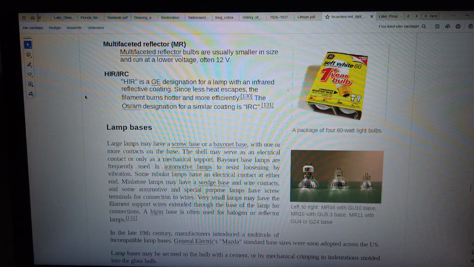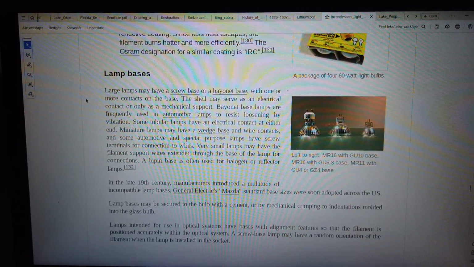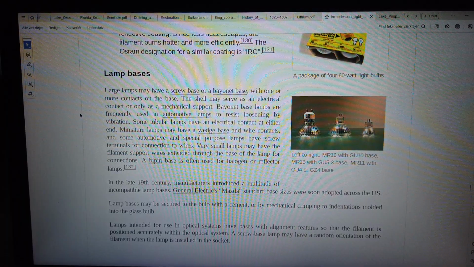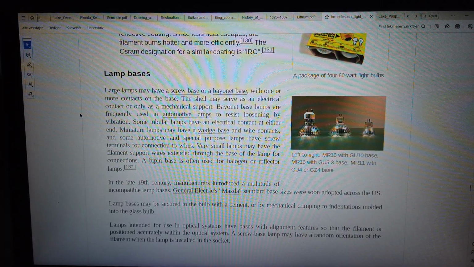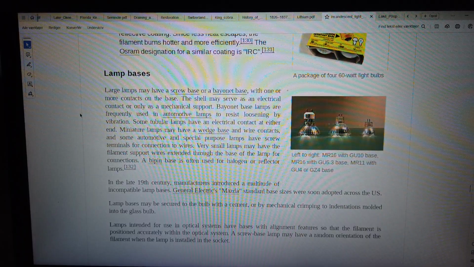Lamp bases. Large lamps may have a screw base or a bayonet base, with one or more contacts on the base. The shell may serve as an electrical contact or only as a mechanical support. Bayonet base lamps are frequently used in automotive lamps to resist loosening by vibration.